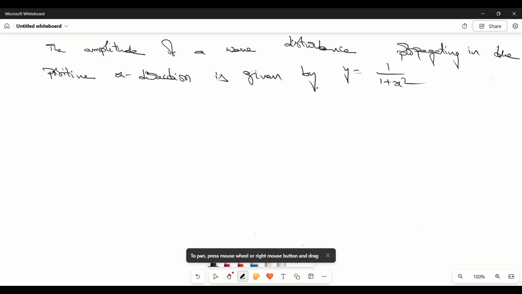The shape of the wave disturbance does not change during the propagation.